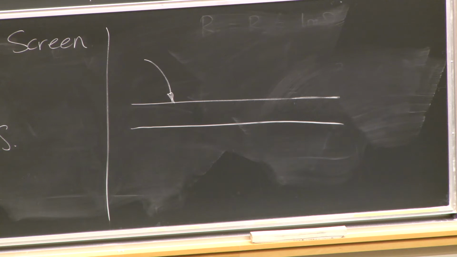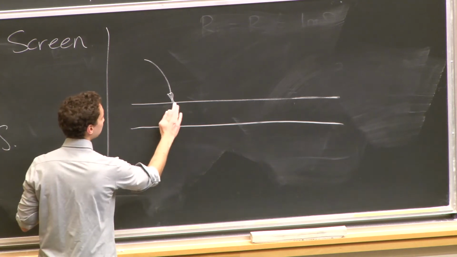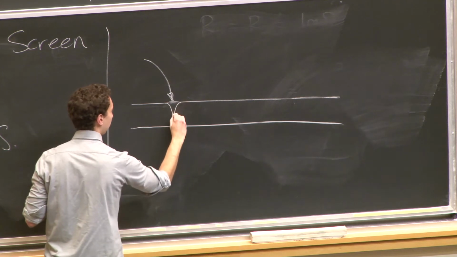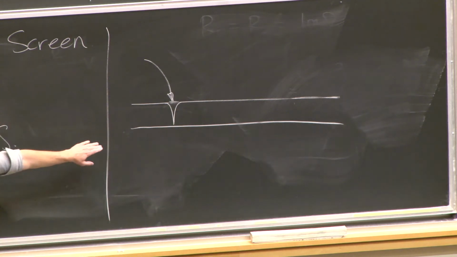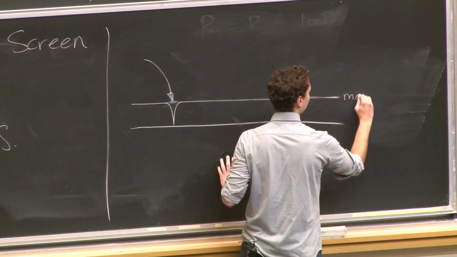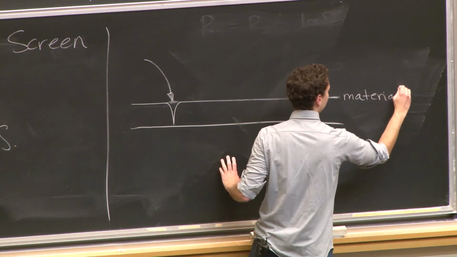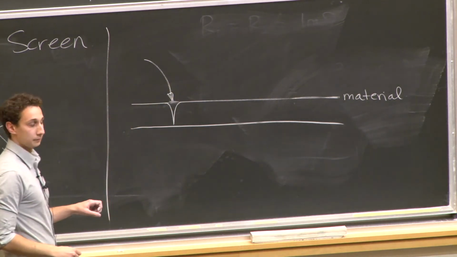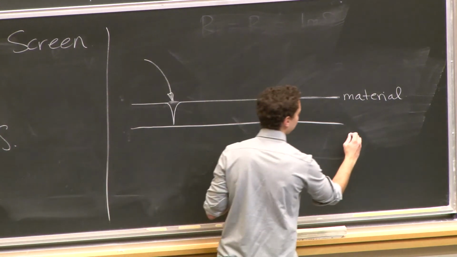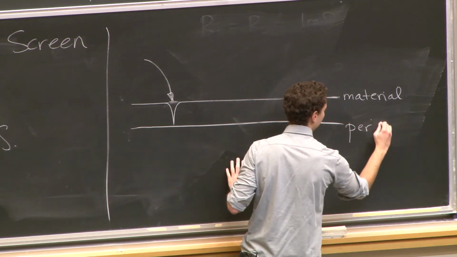And the way that the resistive touchscreen works is you actually displace some material and you push it down against a conductor. Okay, so this is some material. There's something between the material and this conductor. This is a conductor. So this is a perfect wire, let's say for now.